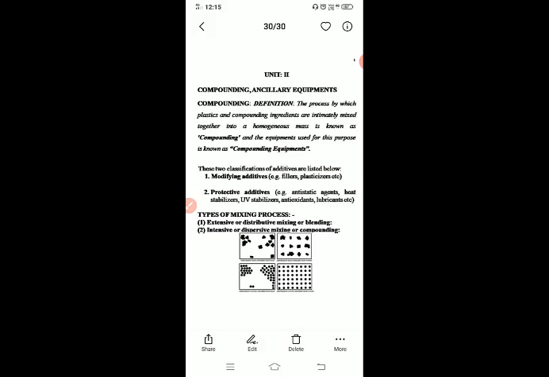So the process by which the plastics and the compounding ingredients are intimately mixed together into a homogeneous mass is known as compounding. And the equipment used for this purpose is known as compounding equipments. So, first of all, we have seen what is compounding and what are compounding equipments.